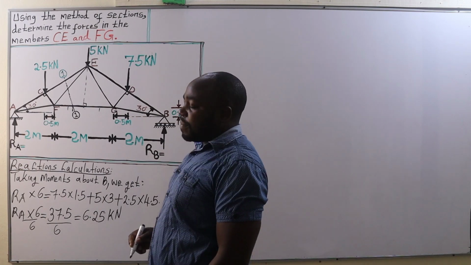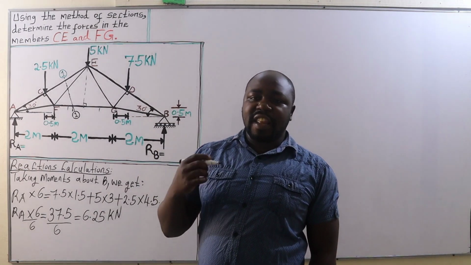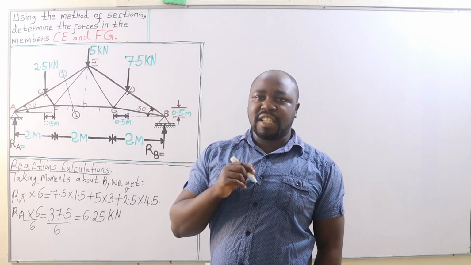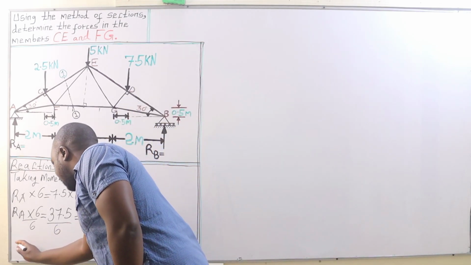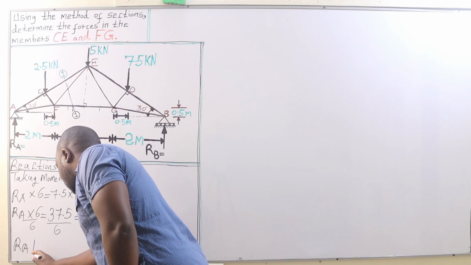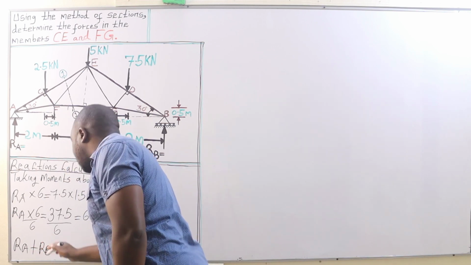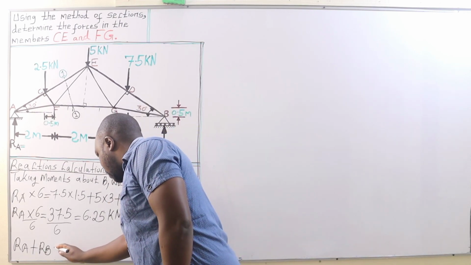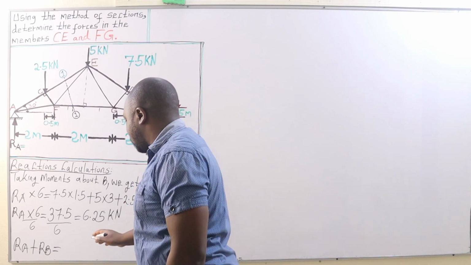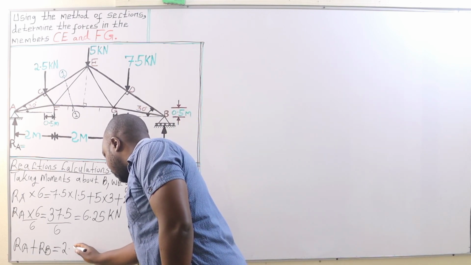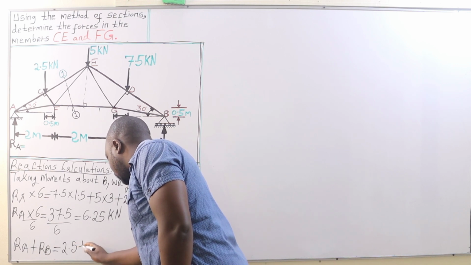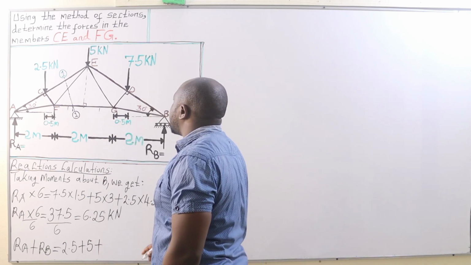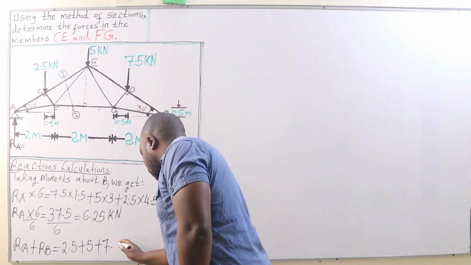Now, to get the reaction at B, remember the sum of all the upward forces must be equal to the sum of all the downward acting forces. The upward forces, RA plus RB, will be equal to the downward acting forces, or the vertical forces. We have 2.5 plus 5 plus 7.5 kilonewtons.